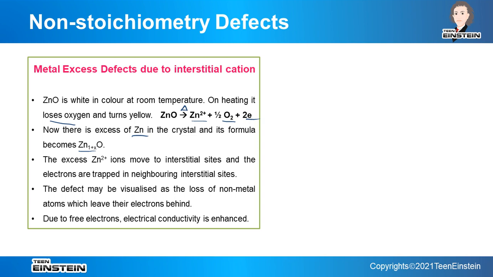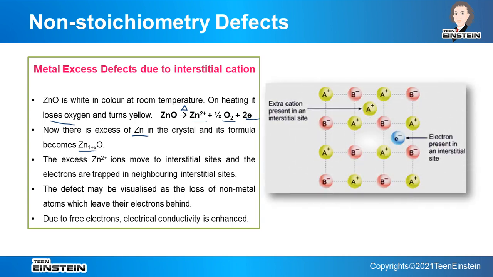These excess Zn2+ ions can move to interstitial sites, and the electrons are trapped in neighboring interstitial sites. So we have to look at this picture. Here A+ is, suppose, Zn2+ and B- is the oxide ion.